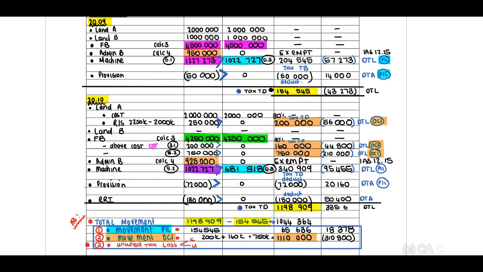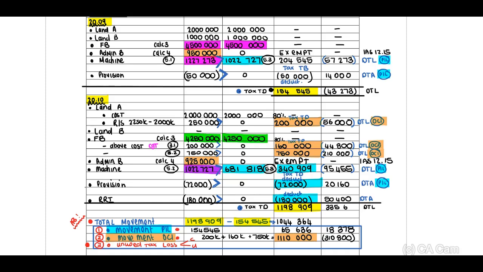taxable, and this will move to the total of our temporary differences of 2010, which is taxable 340,909, deductible 72,000, and deductible 180,000.